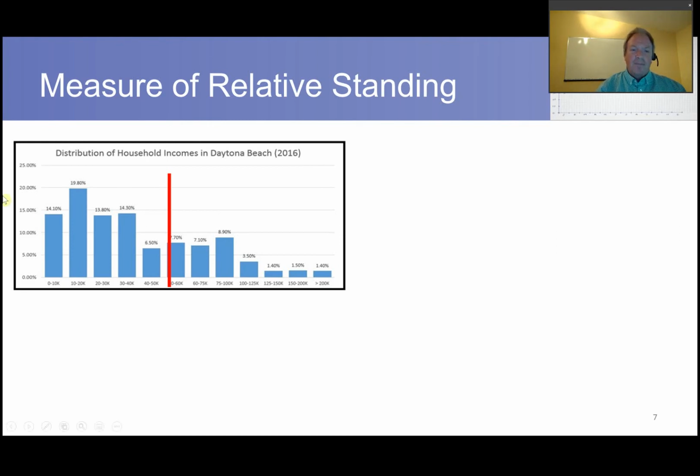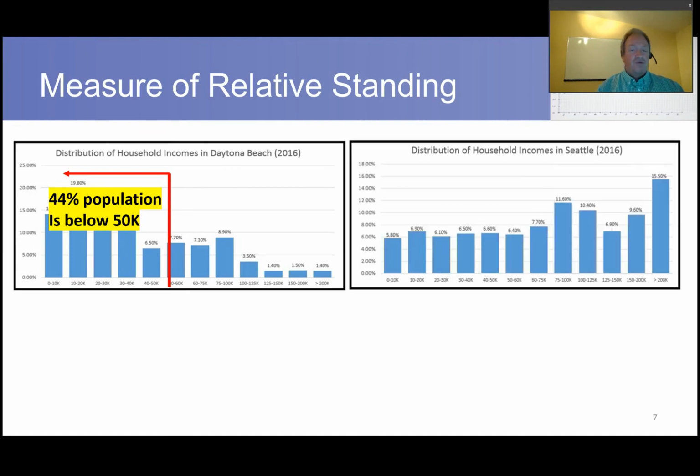What that means is if you added up all of these percentages, as if someone made a histogram using relative frequencies, you would find that 44% of the people in Daytona Beach made less than $50,000. So this is what a percentile is. The percentile of a value tells you what percentage of values in that data set or in that population are less than it.